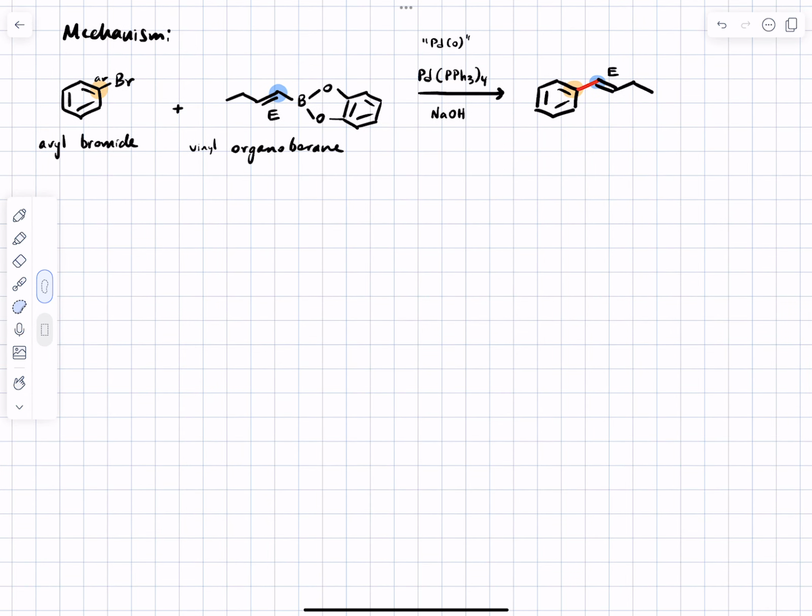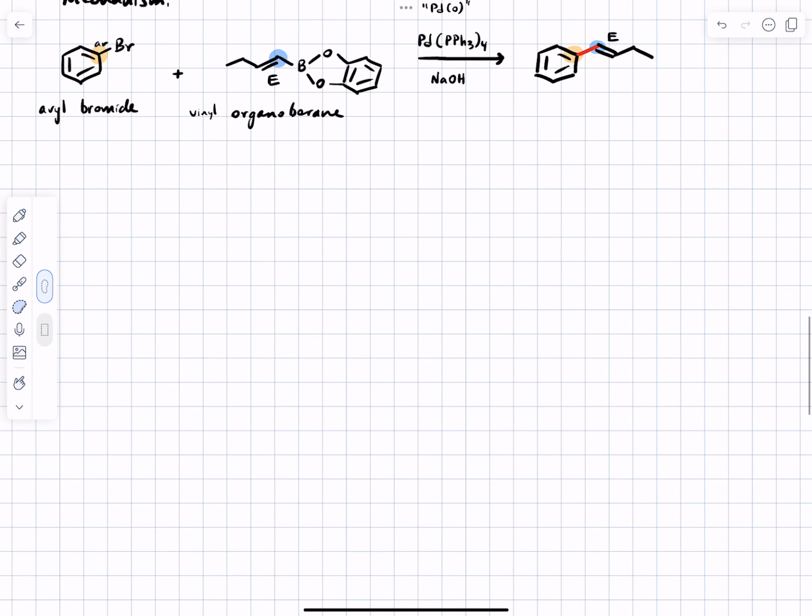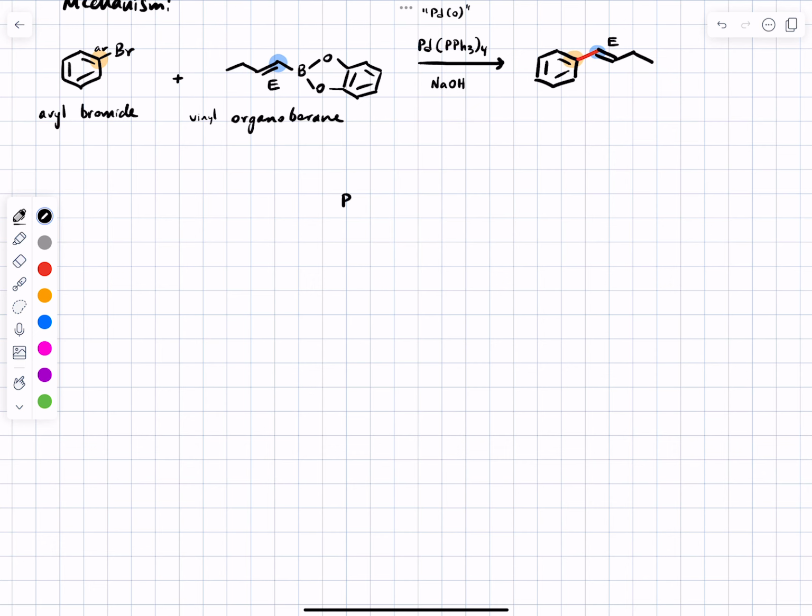So often, if you look at what the catalyst is that we used, it's our starting catalyst, palladium tetrakis triphenylphosphine, or a palladium with four triphenylphosphines.